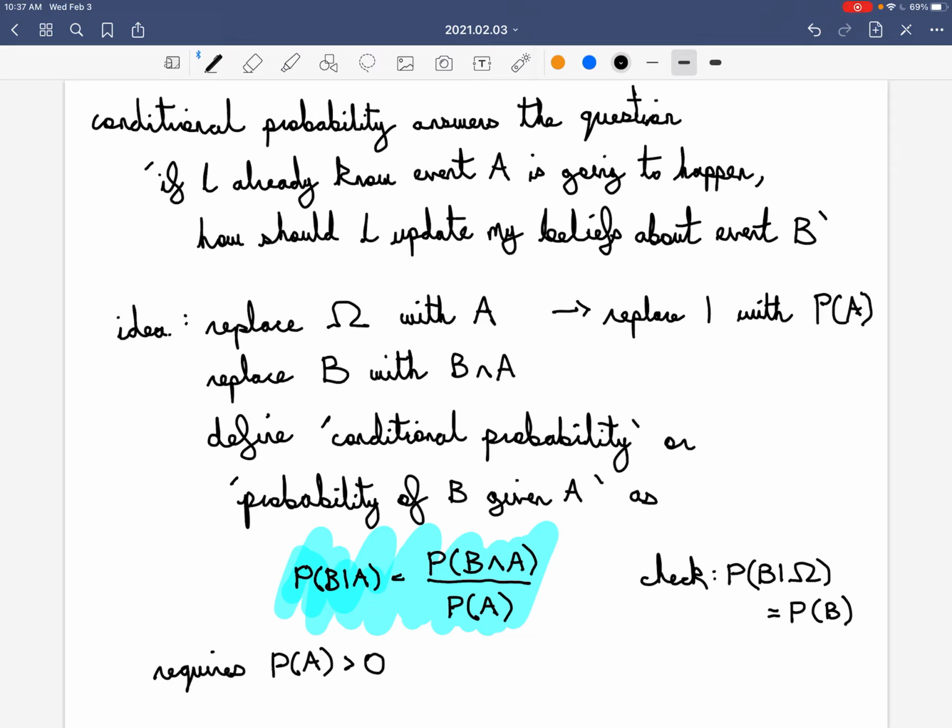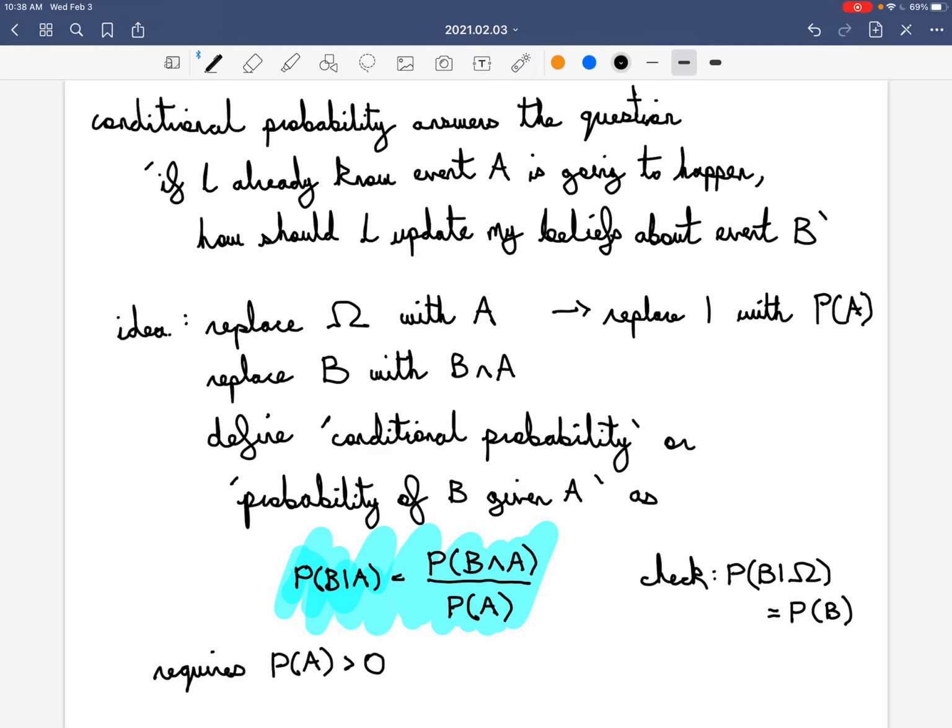And this formula is what we'll call the conditional probability of B on A, or the probability of B given A, or maybe just for short, the probability of B bar A, but we're going to use this little notation, B bar A, for the probability of B conditioned on A. So it's really important to remember that there's no such event as B conditioned on A. We're not taking the probability of a new event B bar A. That's not what this notation means.